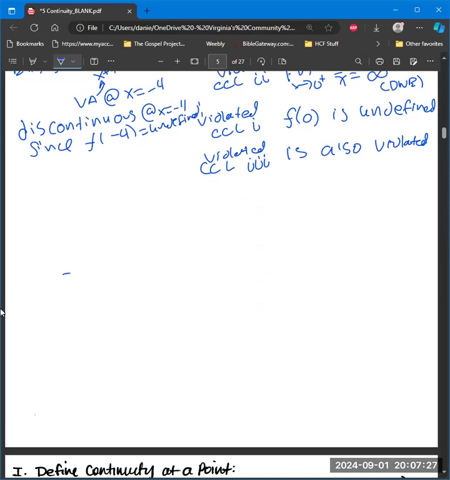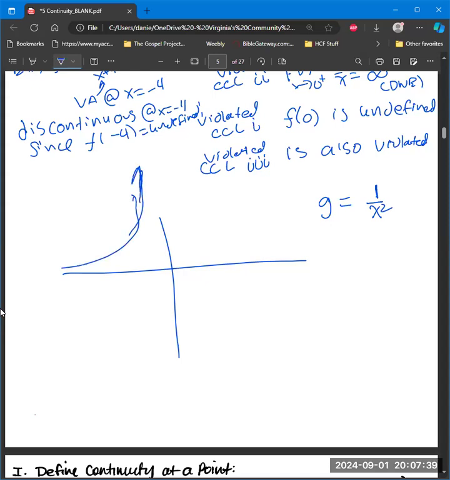Looking at that even powered reciprocal, 1 over x squared, just to remind you what that looks like, it goes to positive infinity for both pieces. It also has the horizontal asymptote at y equals 0 and the vertical asymptote at x equals 0.